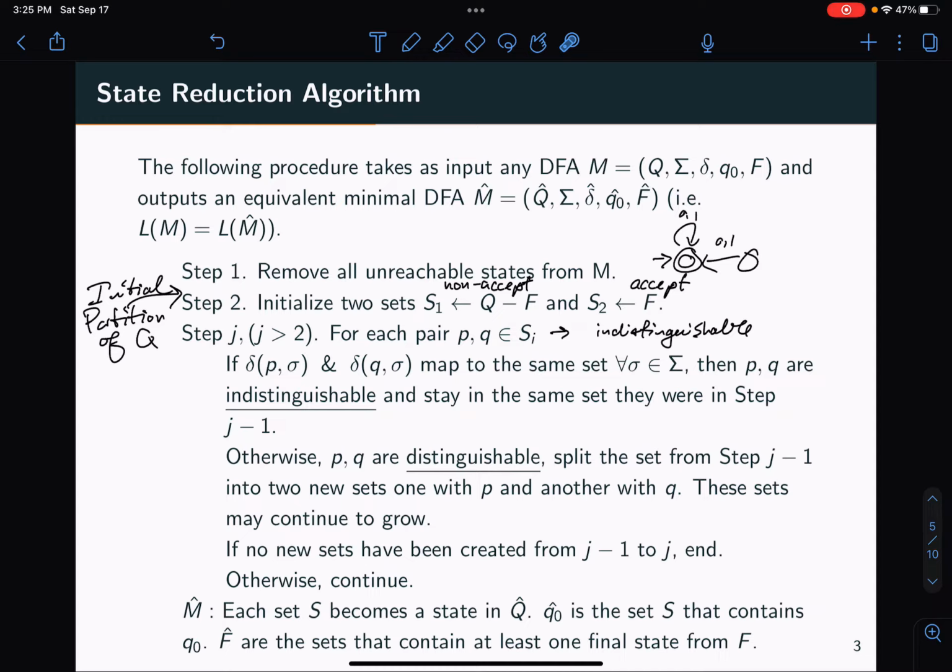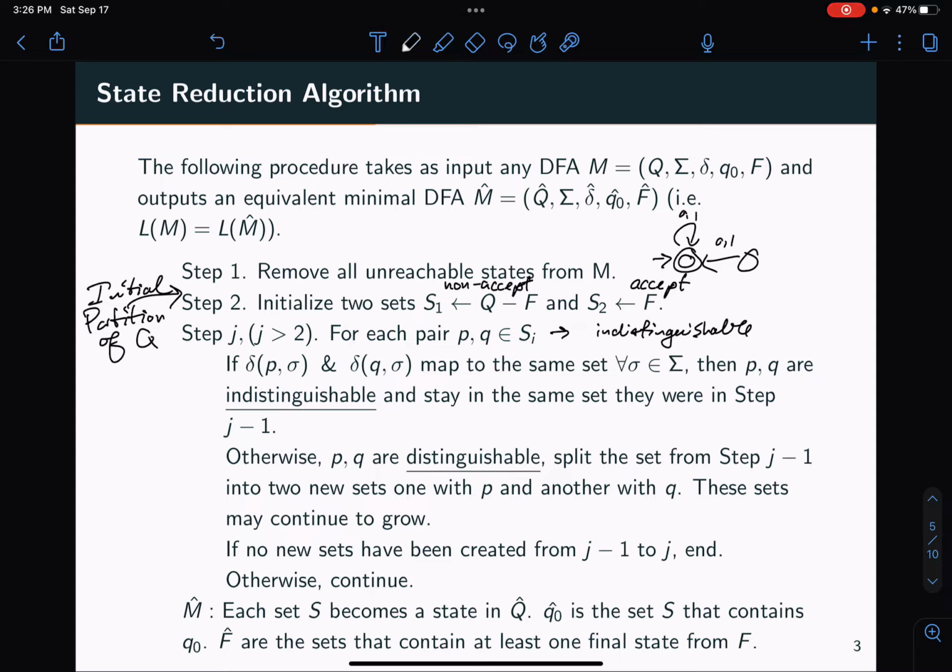So if the transition function, when reading the symbol sigma starting at P, outputs some state, and the transition function starting at Q reading sigma outputs another state, then if for every symbol that you read, those two states are in the same partition, then P and Q are indistinguishable and they don't get separated.